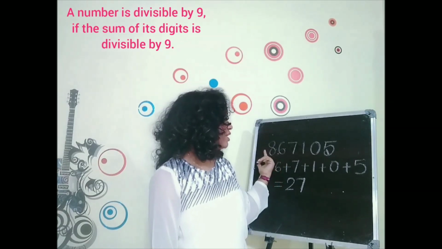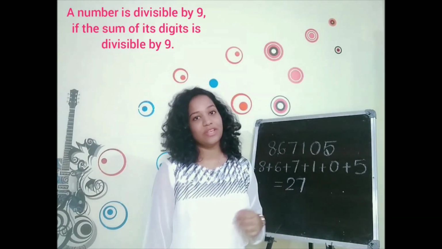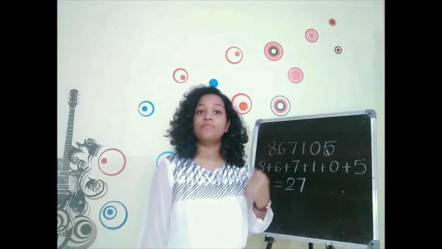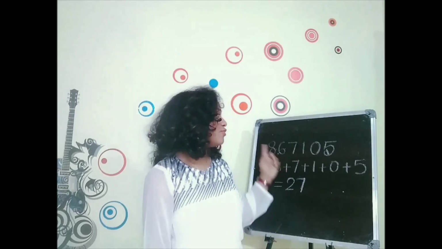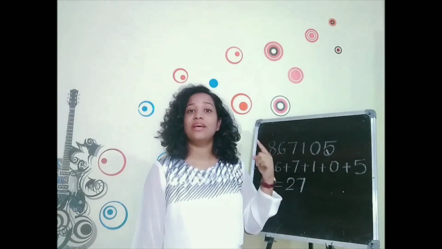So this number 8,67,105 is also divisible by 9. Yes, that means 3 and 9 are factors of this number and this number is a multiple of 3 and a multiple of 9.